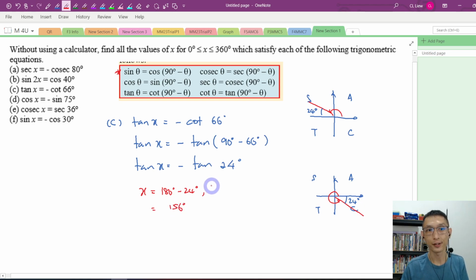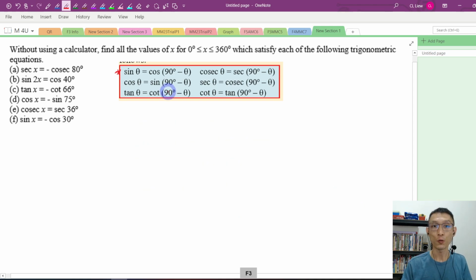And then the other one is 360 degree minus 24. You will get 336. Okay, this is 336 degree. So this is the answer for part C. Let me show you one more, part E.